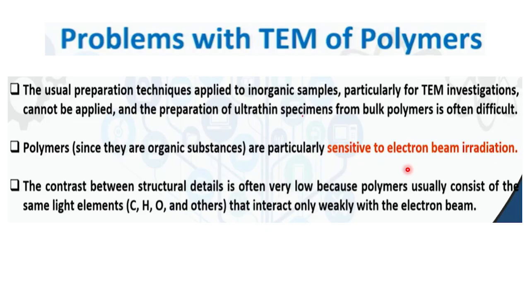And since in TEM we are capturing the transmitted electrons, obviously if a heavier element is interacting, the path length of the transmitted electron will be different. In that way, the scattered or transmitted electron beam intensity will vary depending on the composition of your material.